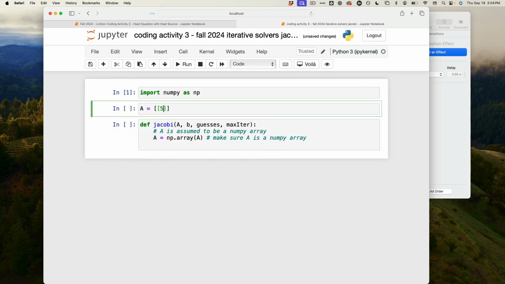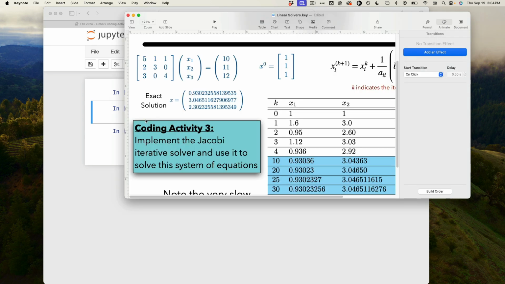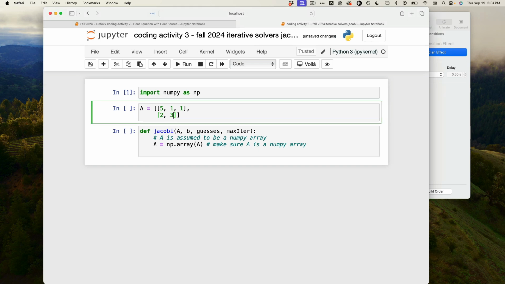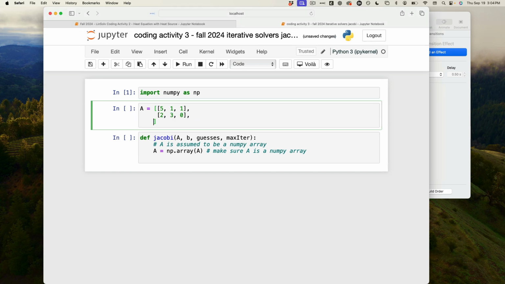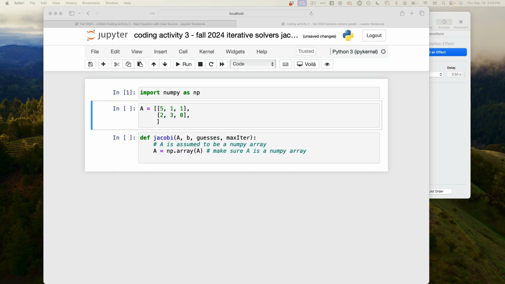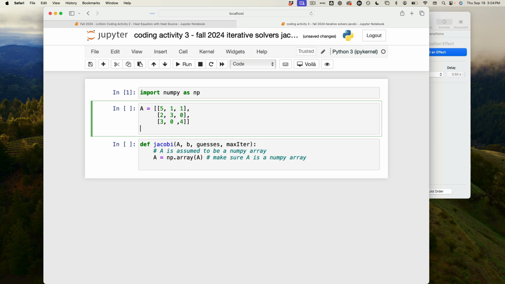Suppose A, right? And we have 2, 3, 0. And then we have 3, 0, 4. This is a NumPy array from the get-go.